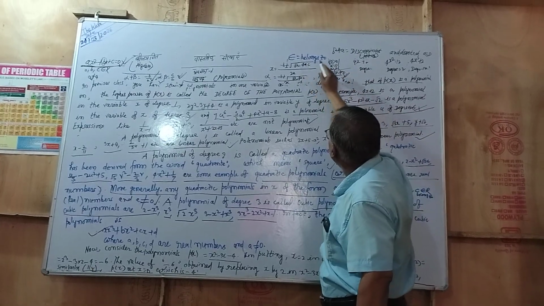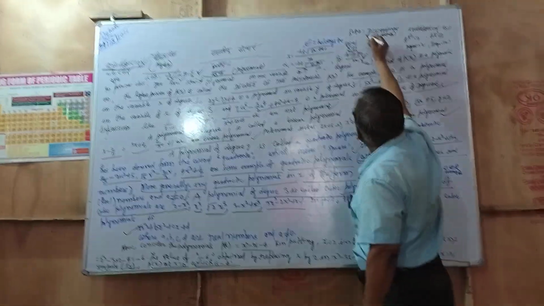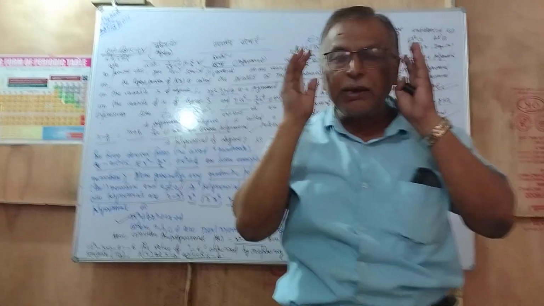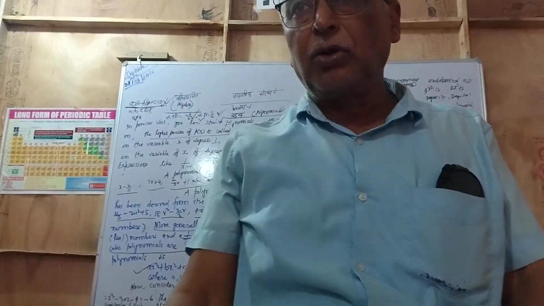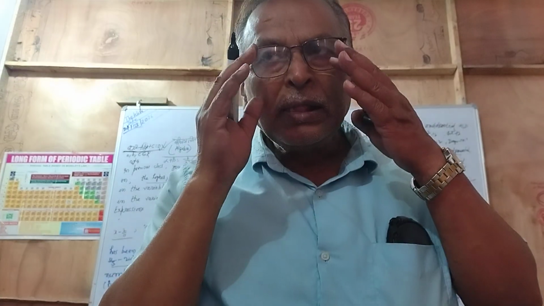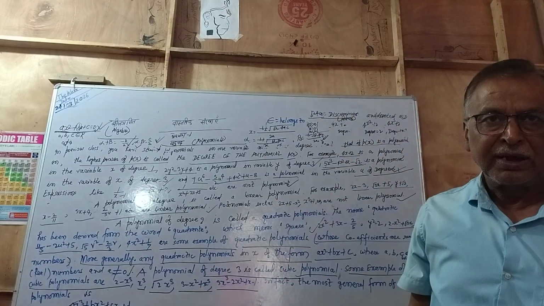And this b square minus 4ac is called the discriminant. If the discriminant is greater than 0, less than 0, or equal to 0, the nature of the roots will depend upon the value of the discriminant.